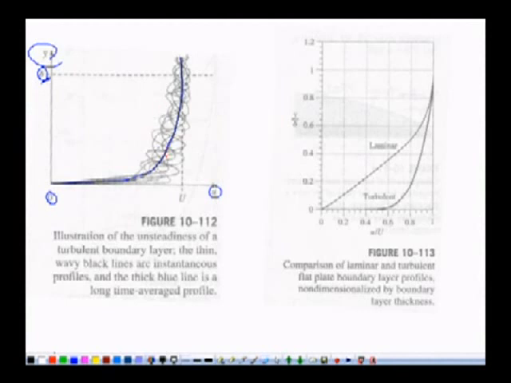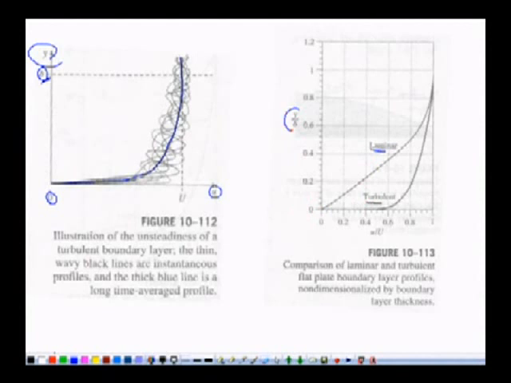If you talk about the turbulent velocity profile, turbulent means it is unsteady in nature, right? And if we want to compare the laminar and turbulent at a given section, then we draw the dimensionless terms.